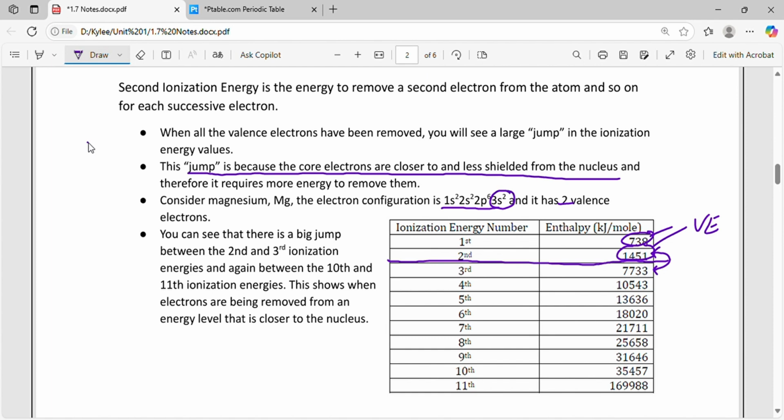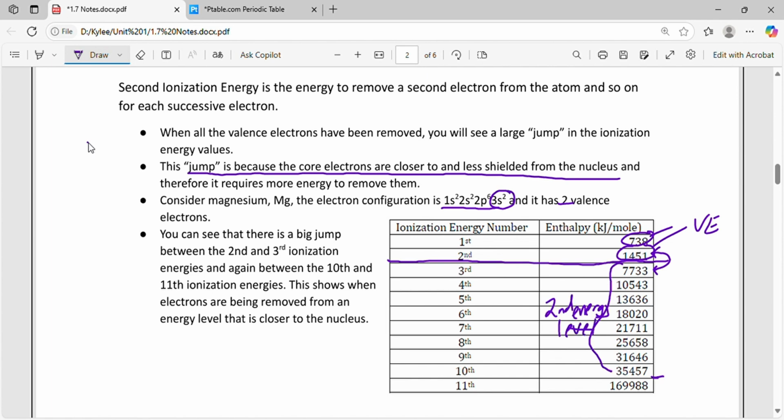And so that stays similar for the next ones. It does increase because we are getting closer to the nucleus, but not dramatically like we saw in the first one, until we get to the first energy level. And then we see a huge jump again. And so again, those numbers that are here between the 7,000 and the 35,000, that's my second energy level.